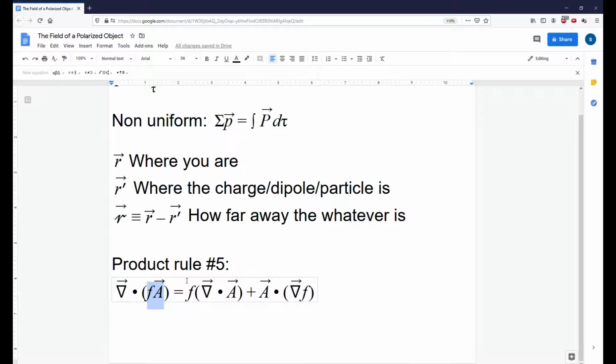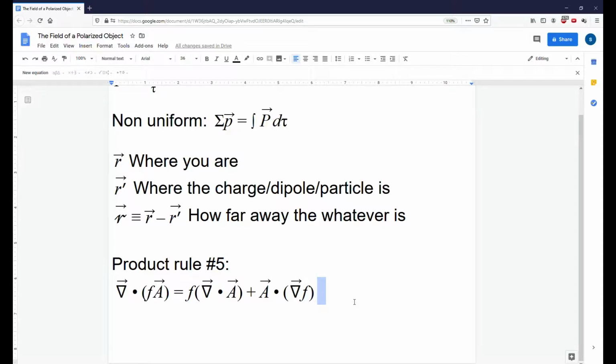So that's why the textbook says that the first term, that p dot dA, looks like a surface charge, and the second term, negative divergence of p, looks like a volume charge. It is customary to refer to these as bound charges. For 4.11, that's the bound surface charge, and for 4.12, that's the bound volume charge.